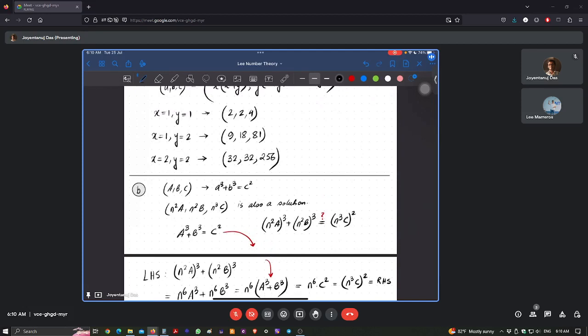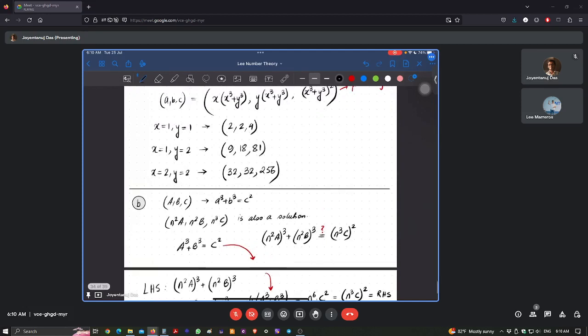So for example, this is not a primitive, right? Because what I can do here is, it's 9, so I can take out 3 squared times 1.